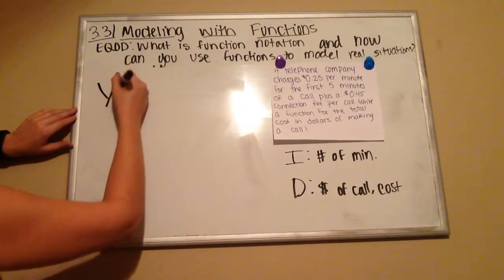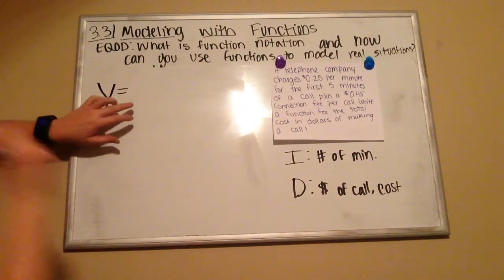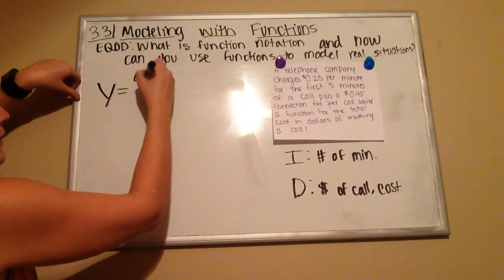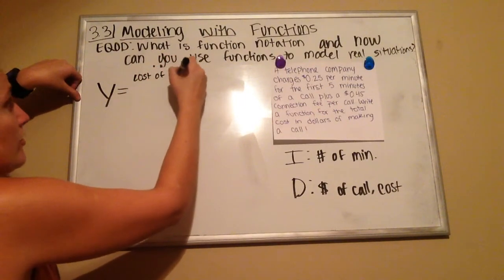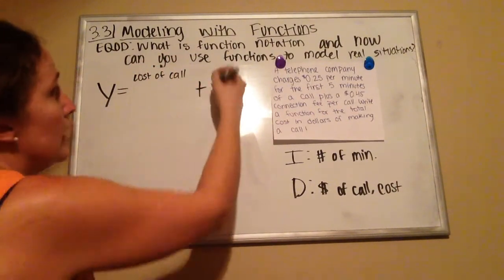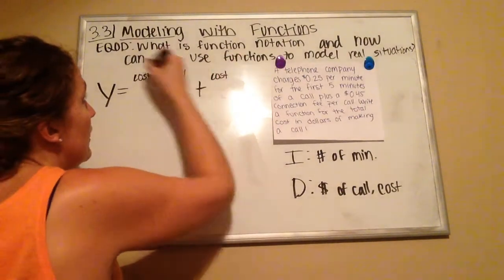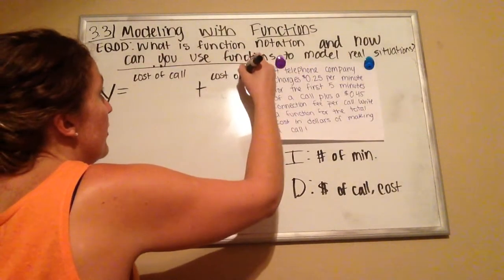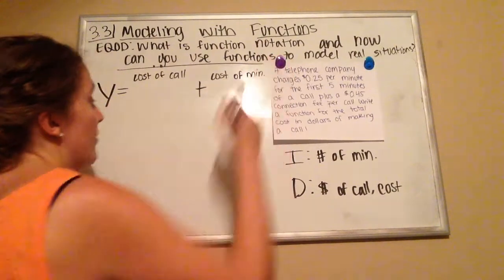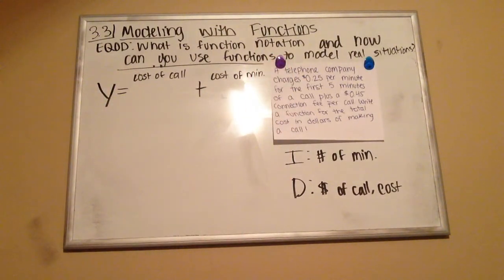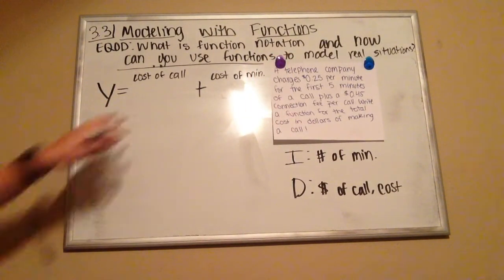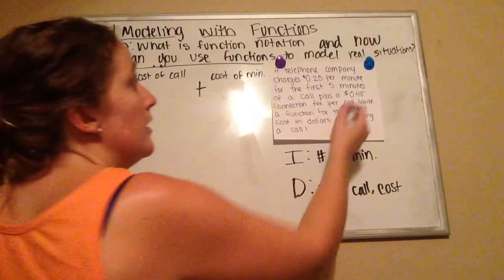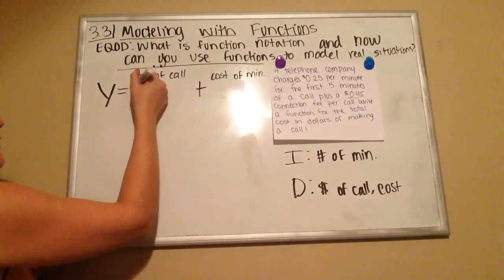So our equation is going to be y is equal to the cost of the call. Just in general, to make a call, there's a cost, plus the cost of the minutes. There's a certain cost dependent on how many minutes you have your phone call for. Well, the cost of the call, it tells us right here, it's just 45 cents just to even connect.